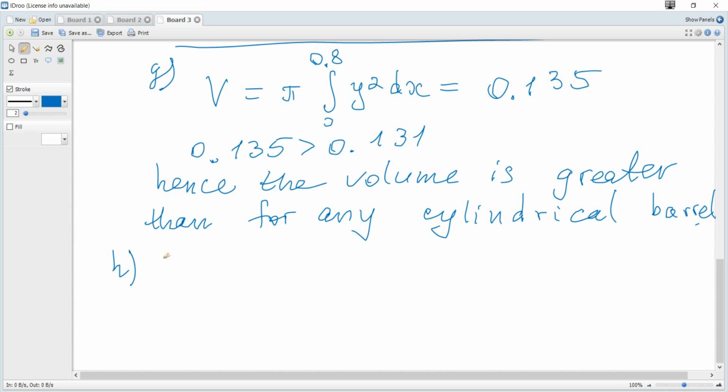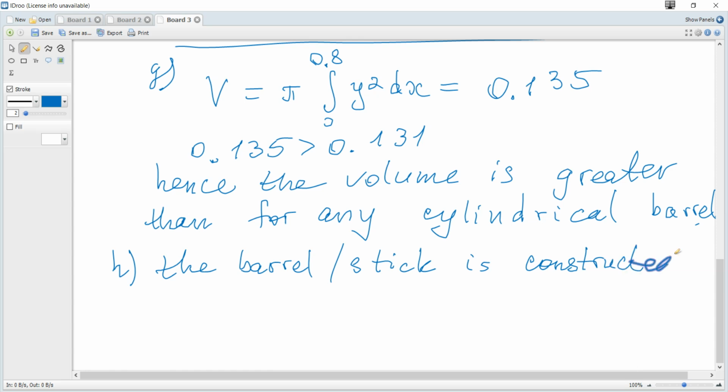For example, that the barrel or the stick is constructed or has 0 thickness. 1 is enough, you know.